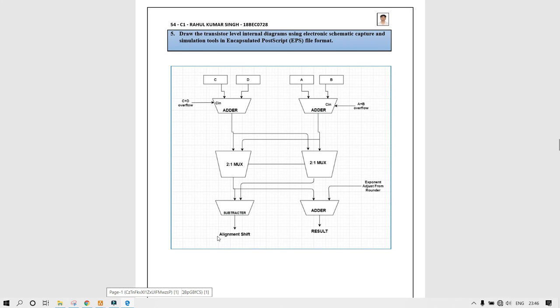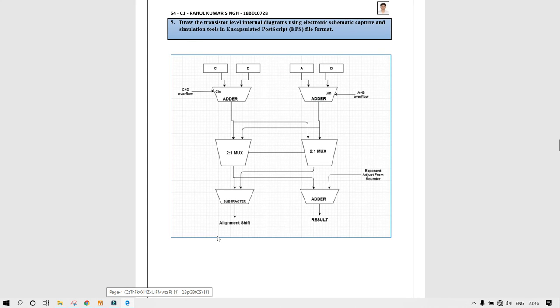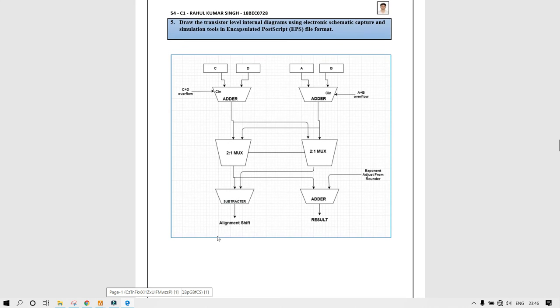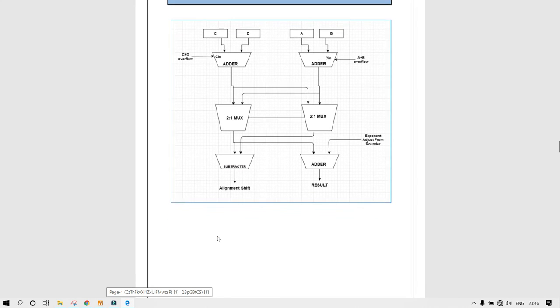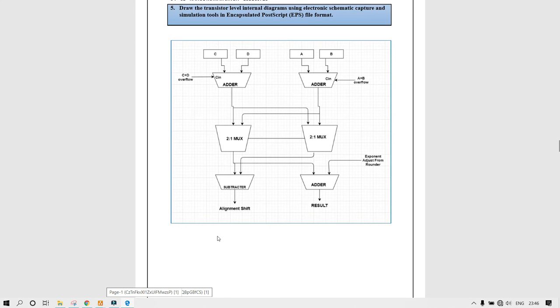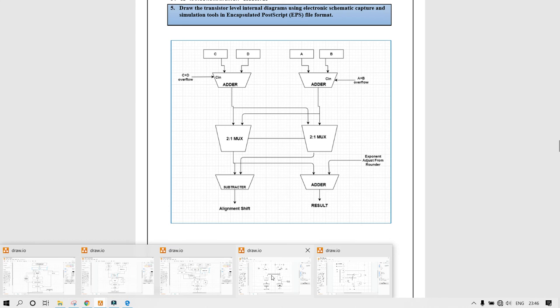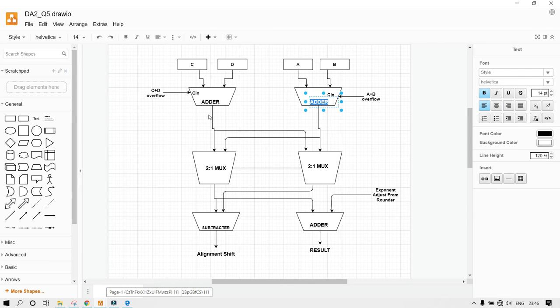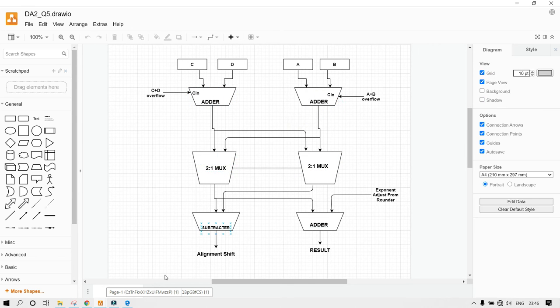So this is the transistor level internal block diagram of the schematics discussed in the paper, and this is also drawn using the same tool draw.io. For verification purpose you can see the diagram has been drawn in this software, and again it's editable.